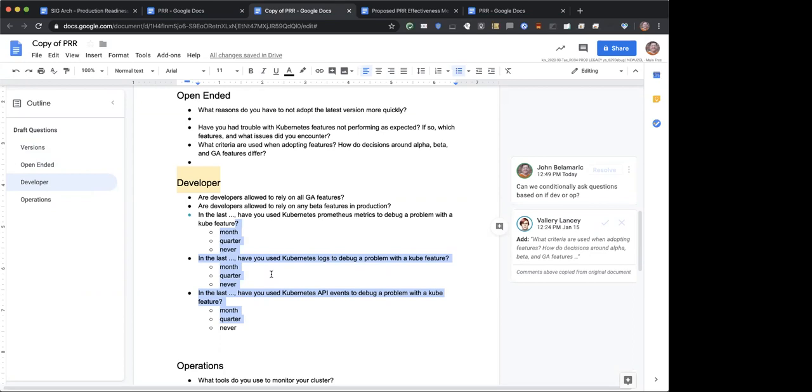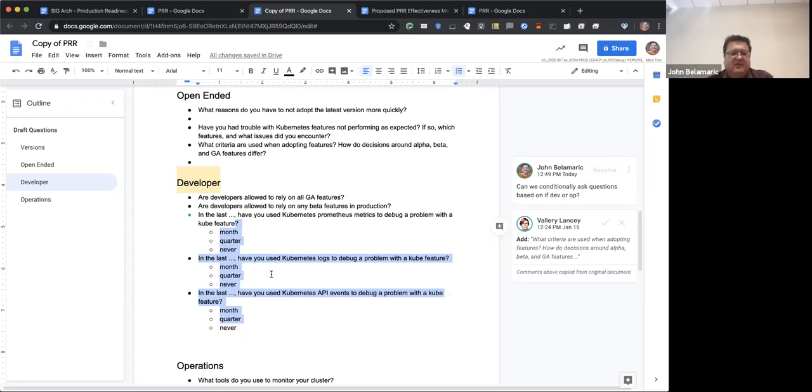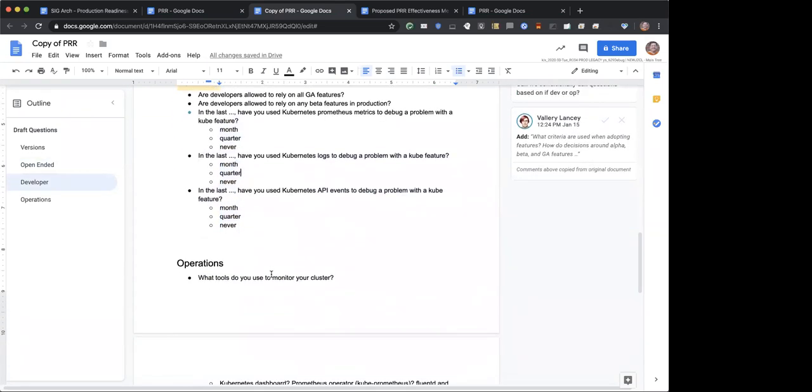It's also related to the questions on the production readiness review for KEPs, like making sure you have Prometheus metrics. I suspect we'll see people use Prometheus metrics a lot, but if they come back and say, I never use Prometheus metrics and I debug everything in the Kubernetes log, well, that's probably where we should focus effort. I think it's unlikely, but that's why I broke out those 3.